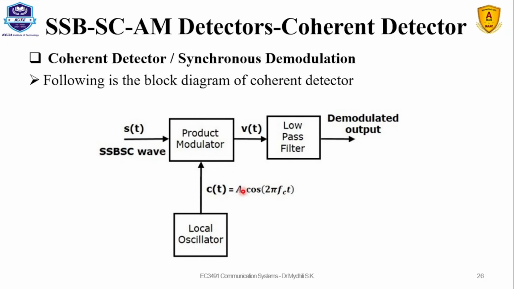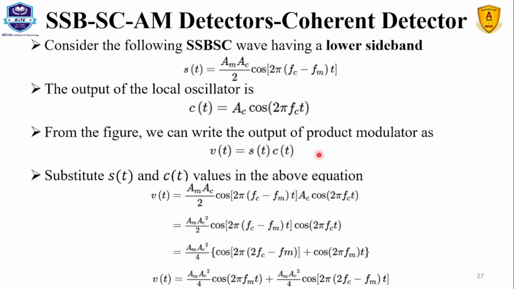Here the output will contain the message as well as the carrier signal, but what we need at the output is exactly the message signal we have transmitted. So just by passing it through a low pass filter, it will produce a demodulated output, which is nothing but the message signal. This is shown in equation format, how it can be obtained.